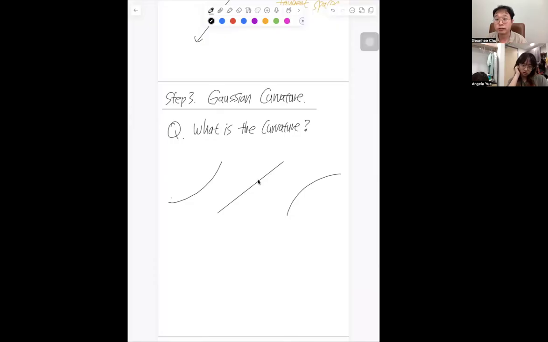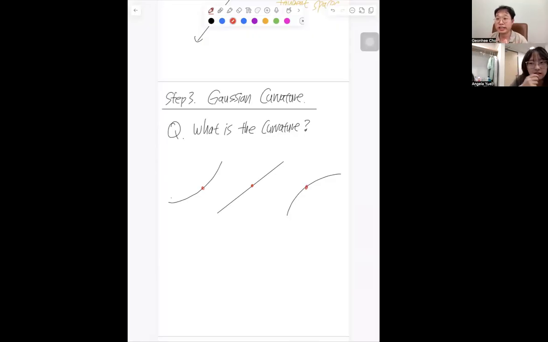Let's go back to the calculus class. How do you distinguish those three curves? If you have this point, what's the difference among these three? How can you distinguish them? I'm just asking very naively.